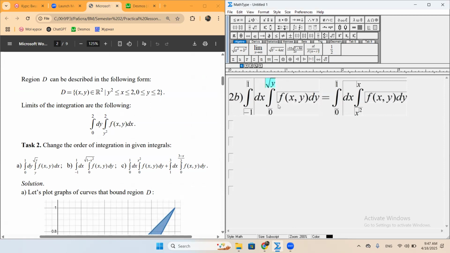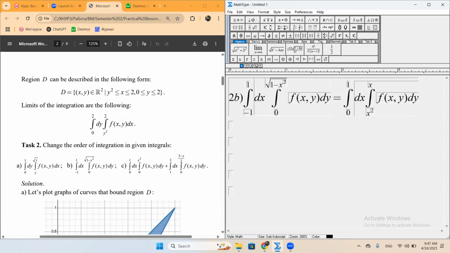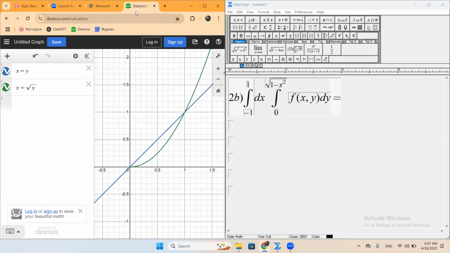So from 0 to square root of 1 minus x square. So again, plotting this graph. As we can see, it should be a semicircle.